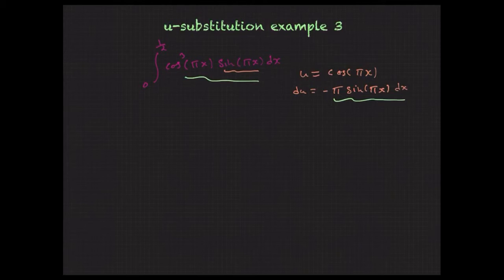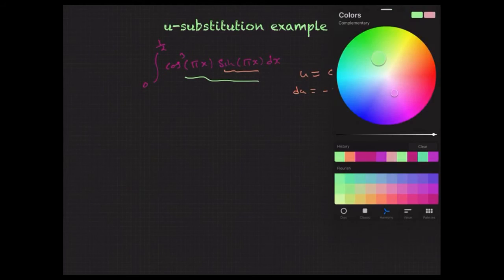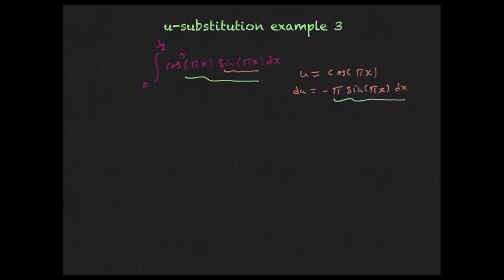And so the next line of the argument is going to be rewriting this as negative 1 over pi integral from 0 to 1 over 2 of cosine cubed of pi x times negative pi sine of pi x dx.